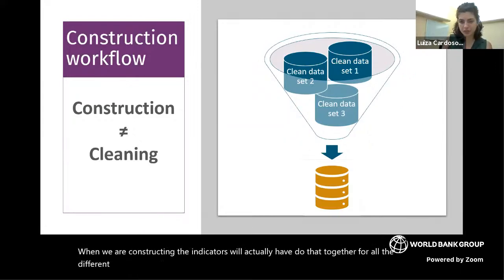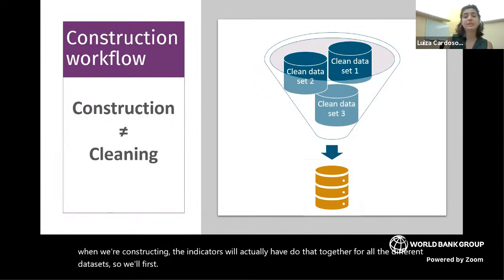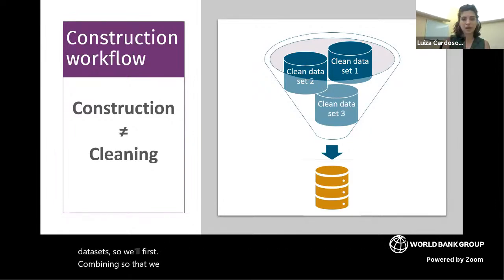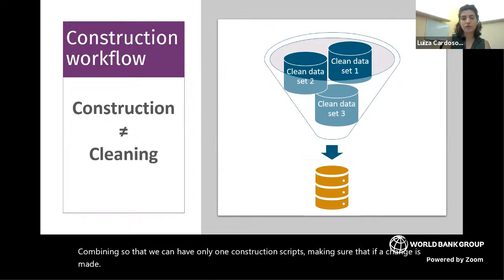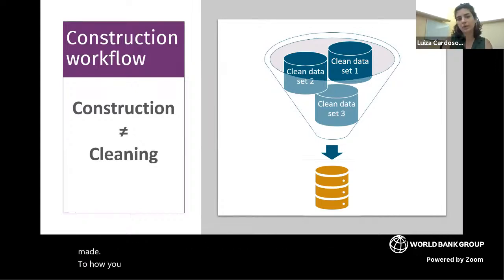So we'll first combine them so that we can have only one construction script, making sure that if a change is made to how you define an indicator, this change can easily be applied to all rounds at once.